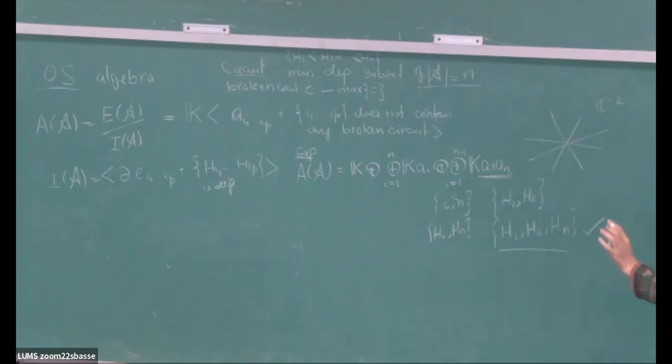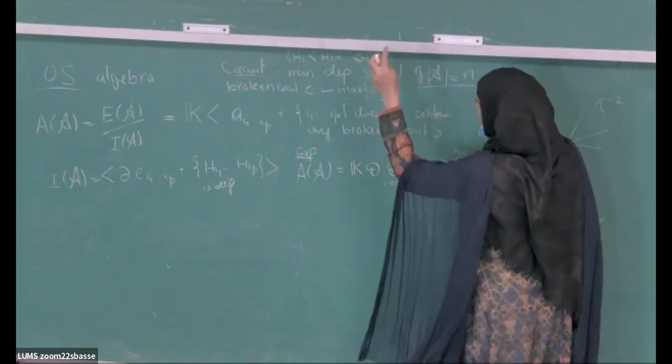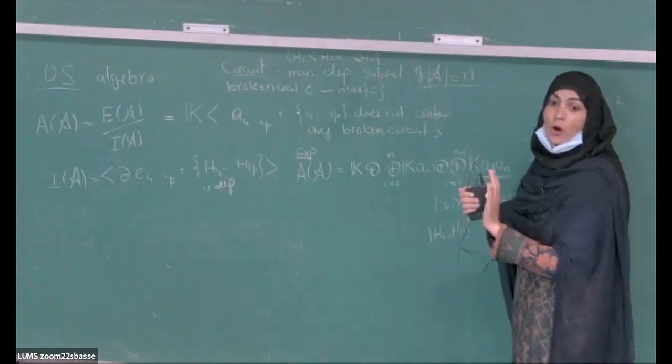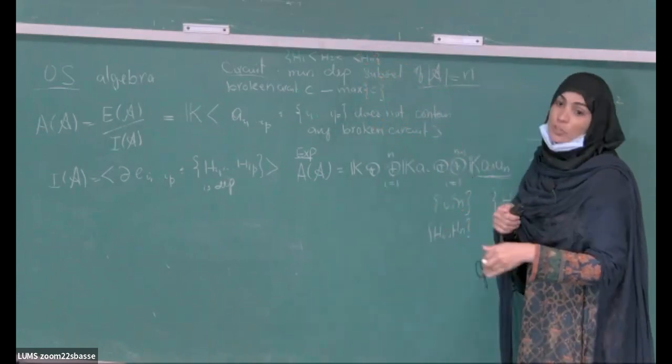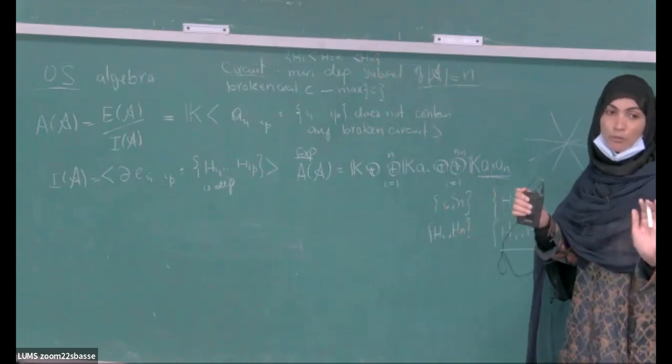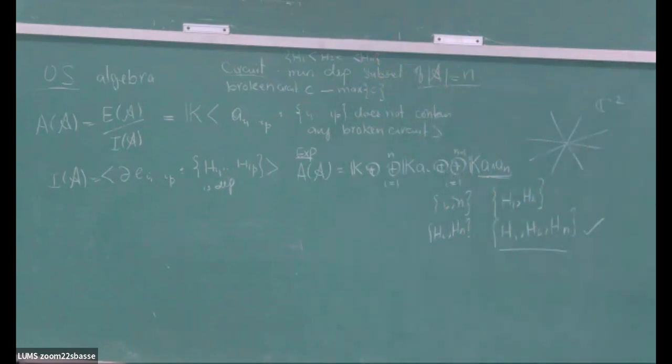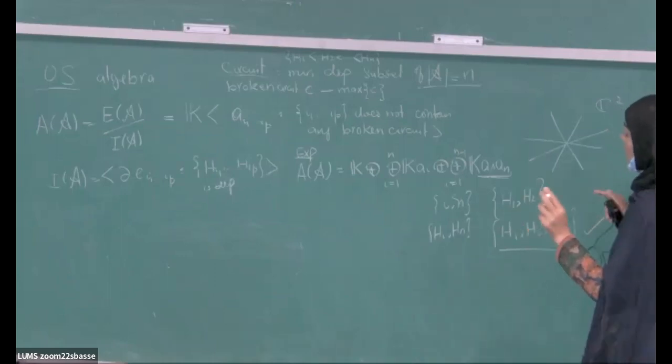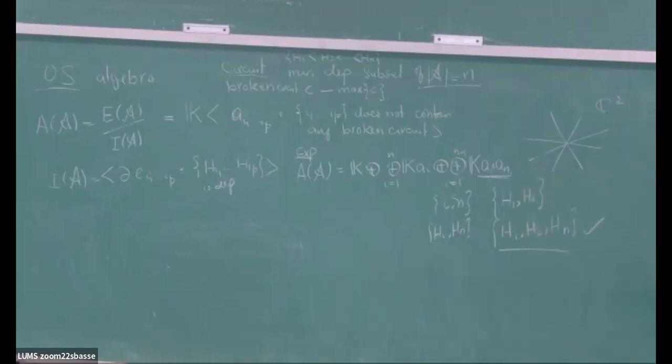If you have chosen your maximum is this one, it's depending on the ordering as well. If you change the ordering, then definitely you will have different answers. So you should be very careful what order you are choosing in those hyperplanes, right? Okay, so this is the final remark about the Ehrlich-Solomon algebra.